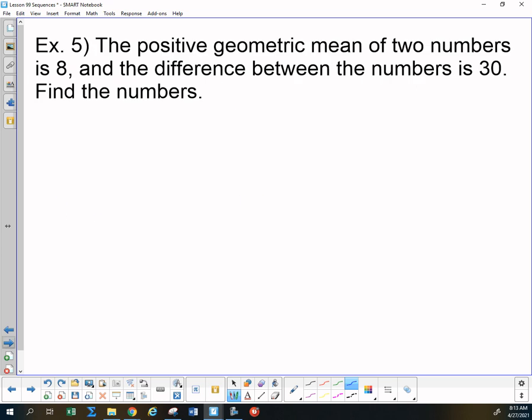Positive geometric mean of two numbers is 8. So the positive square root, and I'm just going to call my numbers x and y, positive square root is 8. I mean, the other geometric mean was -8, but we're only going to use the positive 8 for this one.